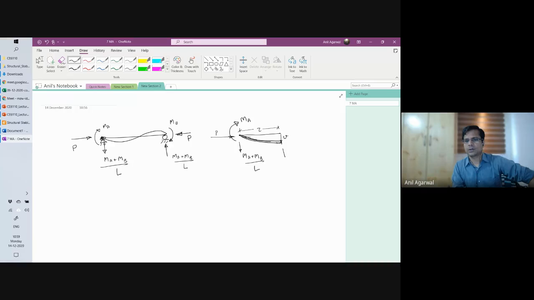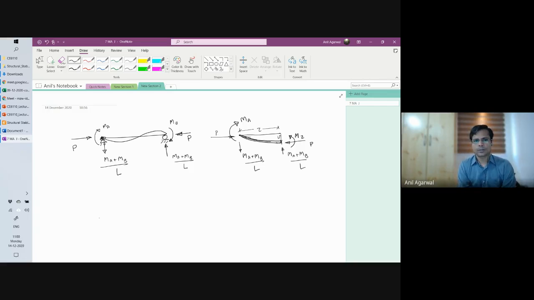It has to be exactly equal, otherwise it won't be balanced. It is inconsequential, so I'm writing it, but it doesn't matter. There will be a horizontal force P acting here to balance the other horizontal force P here. And there will be a moment acting, I'll call it MZ.